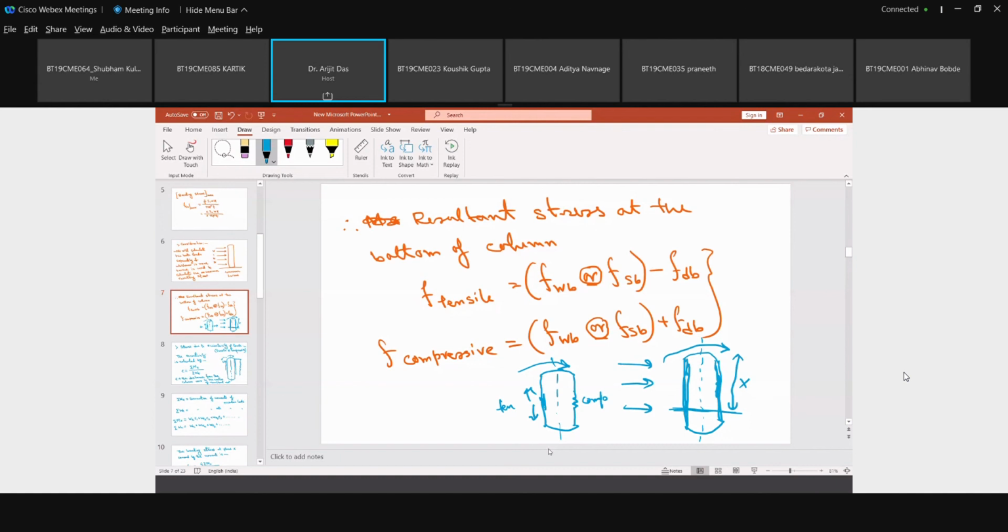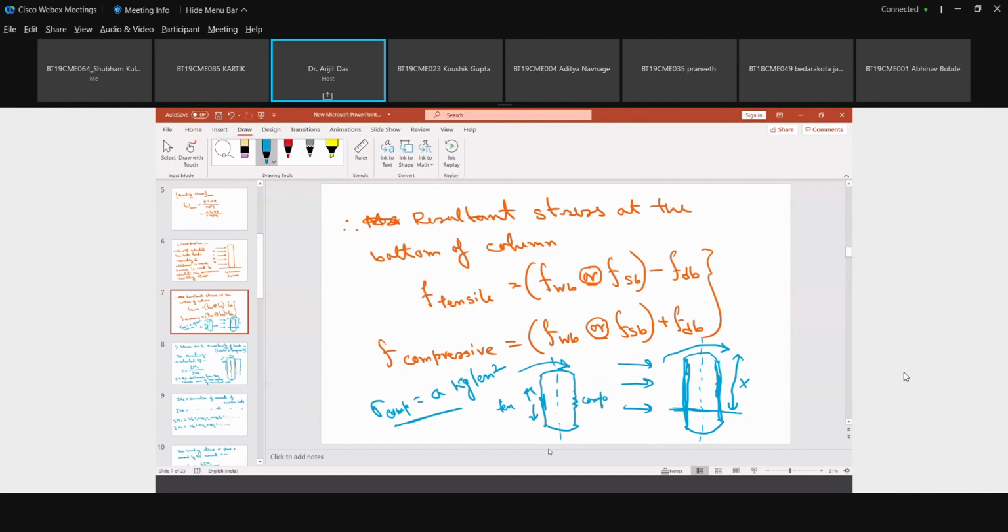So if in a problem the allowable compressive stress value is given as A kg per centimeter square, then you have to calculate based on the compressive stress value.